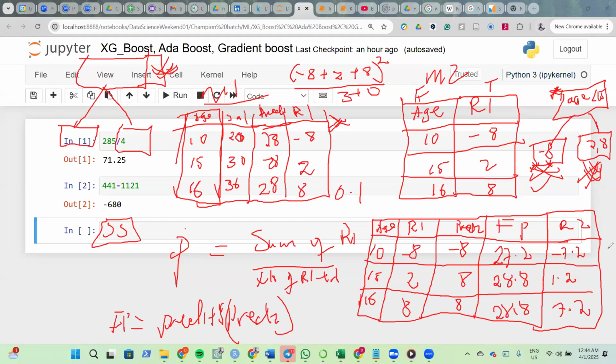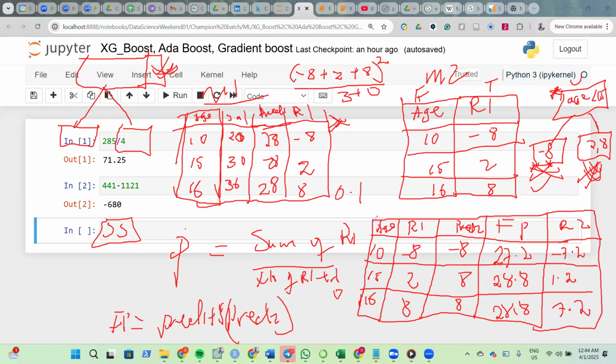Is it clear? I'm not really clear with the calculation of Pred 2. Pred 2 is the sum of residual over the number of residual plus gamma. Our gamma is 0. So take -8, for example. This is our tree.